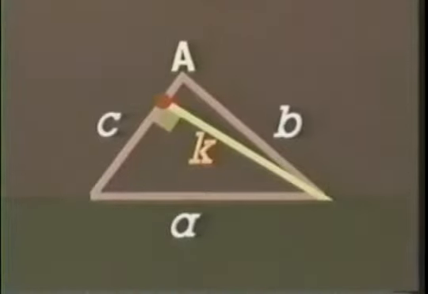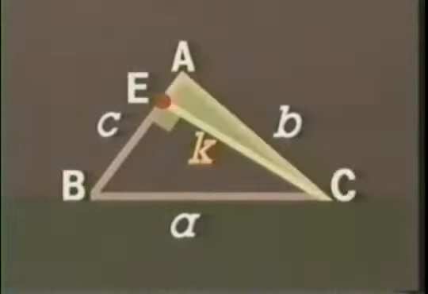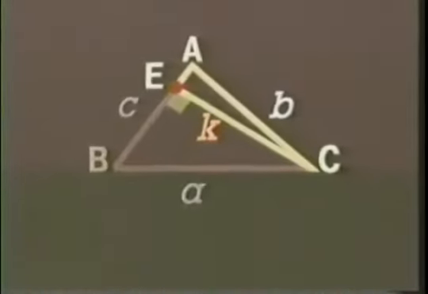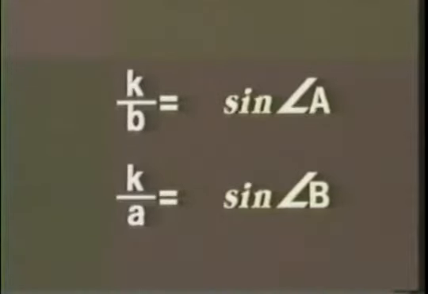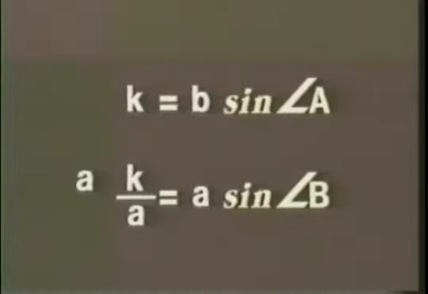Once again, we have two right triangles, CEB and CEA. In triangle CEA, sine A equals k divided by b. And in triangle CEB, k over a equals sine B. As before, we can change these equations to k equals b sine A and k equals a sine B.